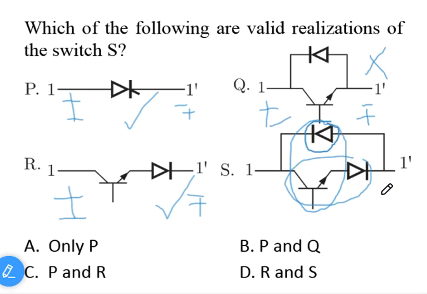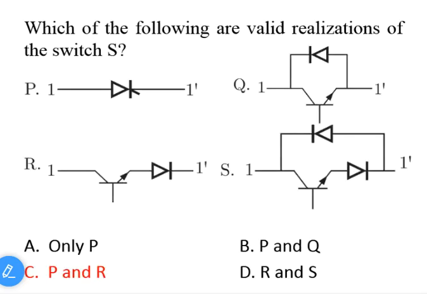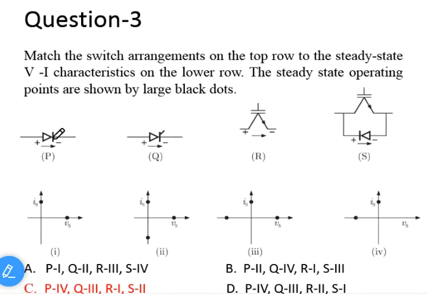Reverse voltage means plus and minus like this, and as soon as I give a reverse voltage, the diode will turn on. Therefore, this combination cannot block the reverse voltage. Therefore, this is considered to be the wrong choice. So what are the right choices here? P and R. Therefore, C is correct. Let us see whether it is correct or wrong. Yes, it is correct.